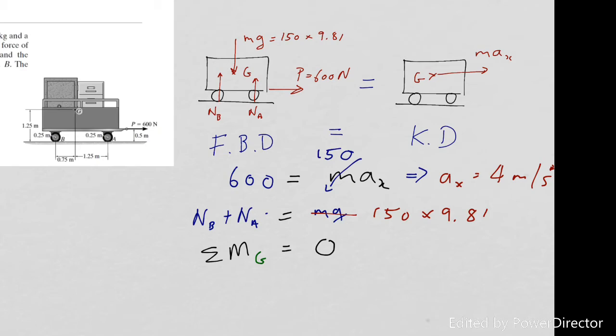Okay, so now that cannot help us to resolve anything. So our only hope right now definitely will be the summation of moment. So I can pin at G, but let's try something more challenging to prove our understanding.